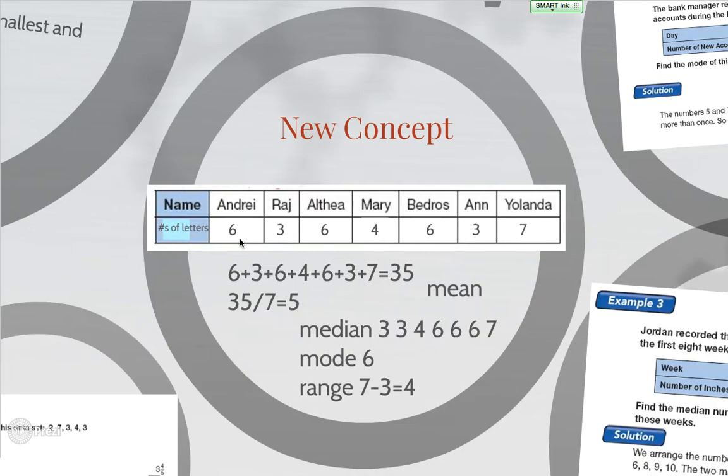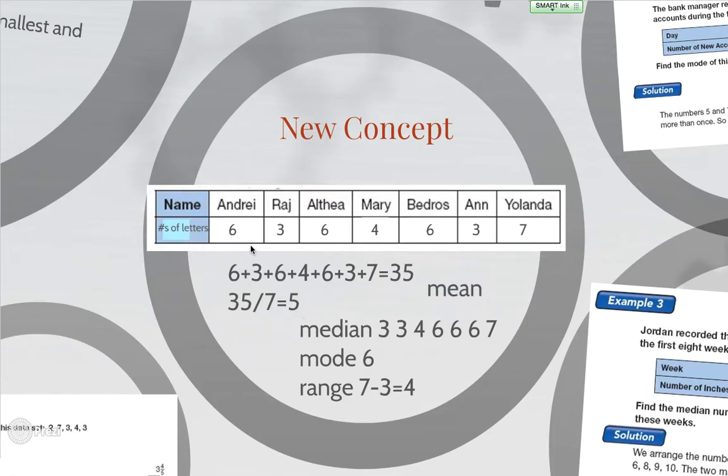So you add every single thing together, which is 6 plus 3 plus 6 plus 4 plus 6 plus 3 plus 7 equals 35. Then you divide that number by how many you have. We have 1, 2, 3, 4, 5, 6, 7 names. So we do 35 divided by 7, and the average or the mean would be 5.